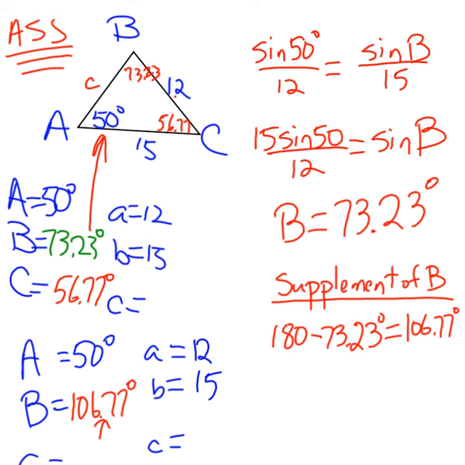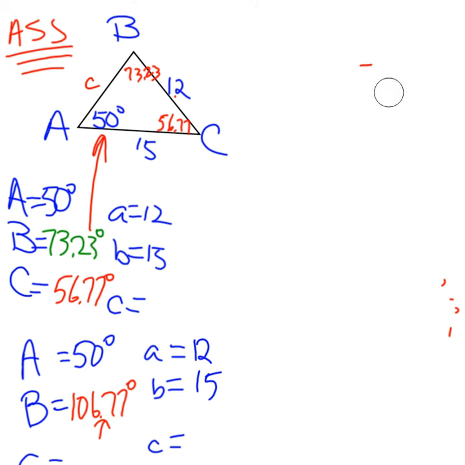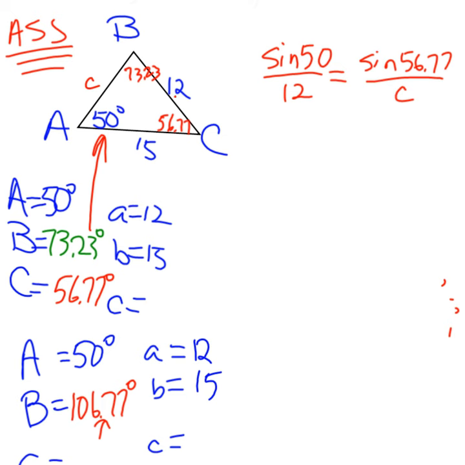Setting up the law of sines for side c, I would say that the sine of 50 over 12, again, you're going to use that same given angle and side, equals the sine of 56.77 divided by that little c.